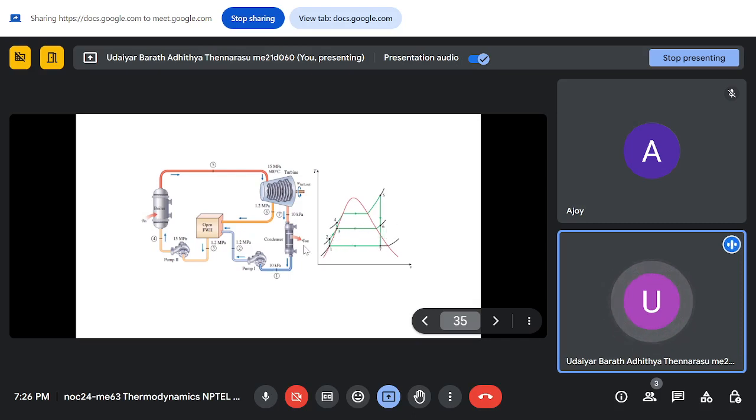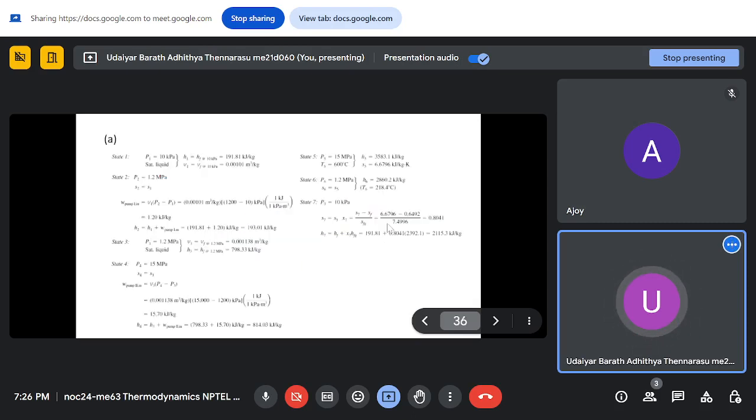This is all happening at constant pressure, and then from 3 to 4 you pump again, boil it in the boiler, and then expand from 5 to 7, out of which a small amount is taken at state 6. If m dot is expanding at 5, then from 5 to 6 there is m dot, and from 6 to 7 it will be m dot minus that small amount of fluid which you have taken out.